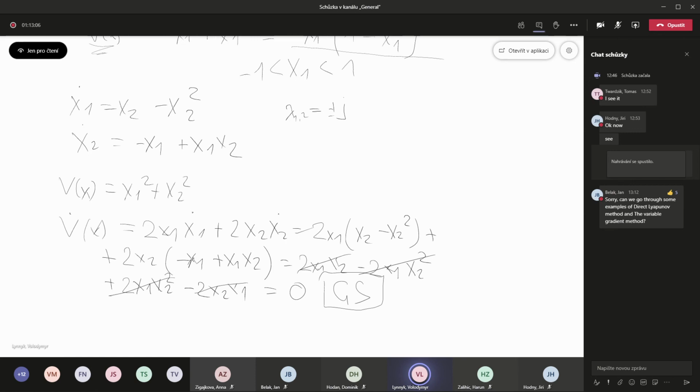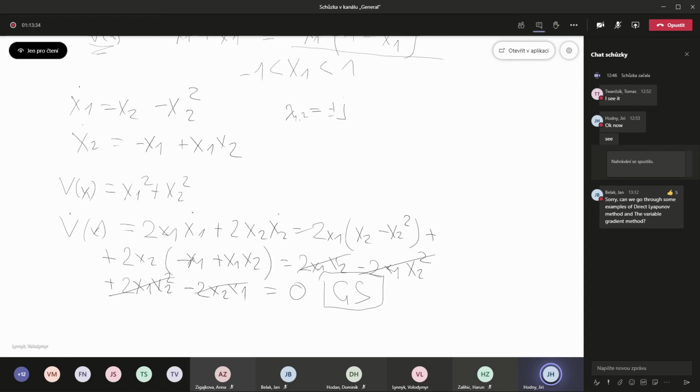And maybe we can stop for this kind of examples. Yes. Now, from the V derivative, we see that the system is Lyapunov stable, as you said.